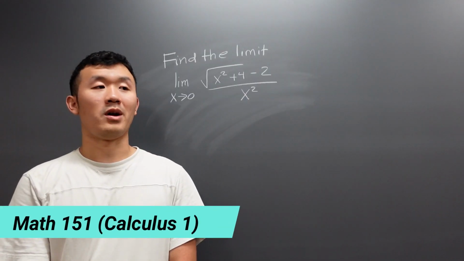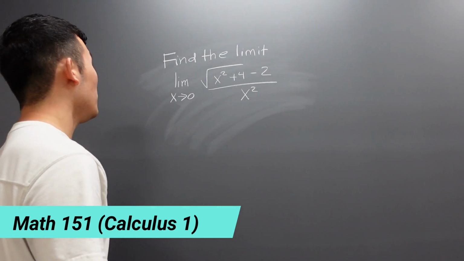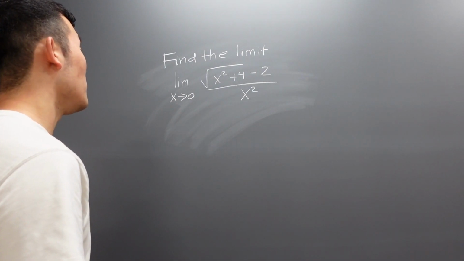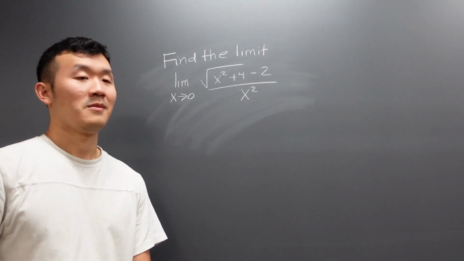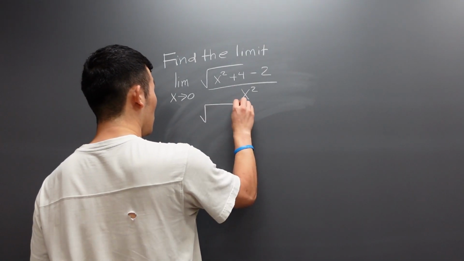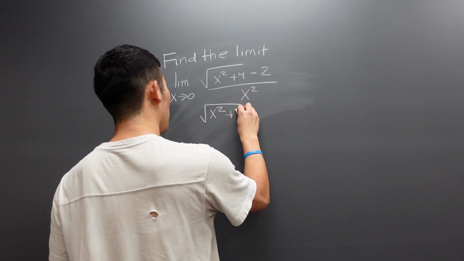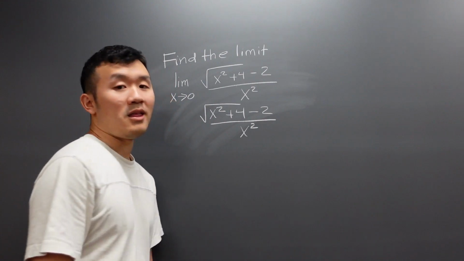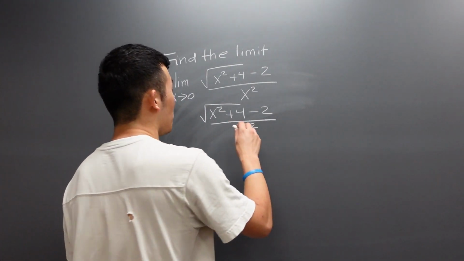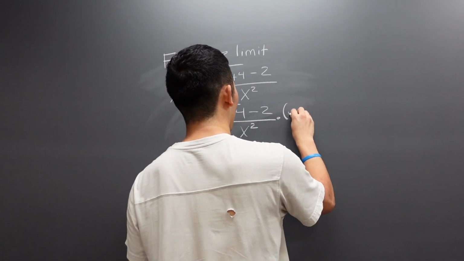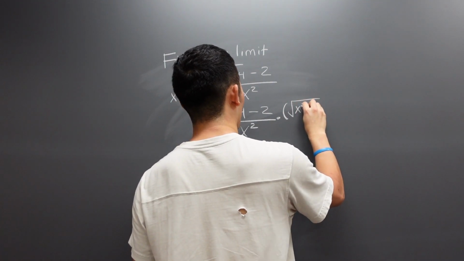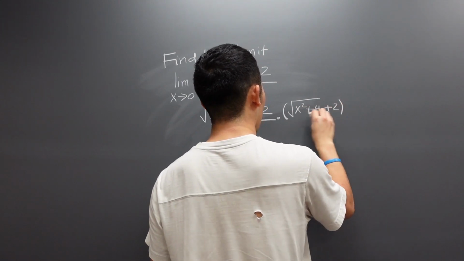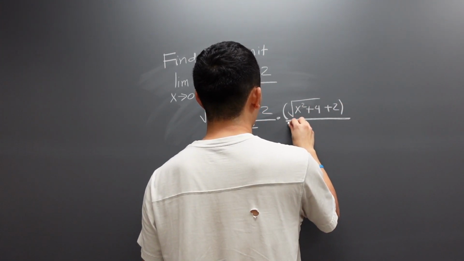Alright, so in this first problem here, we're asked to find the limit as x goes to 0 of the square root of x squared plus 4 minus 2, over x squared. So let me rewrite this. The first step I would do is multiply by the square root of x squared plus 4 plus 2 on the numerator and the denominator.